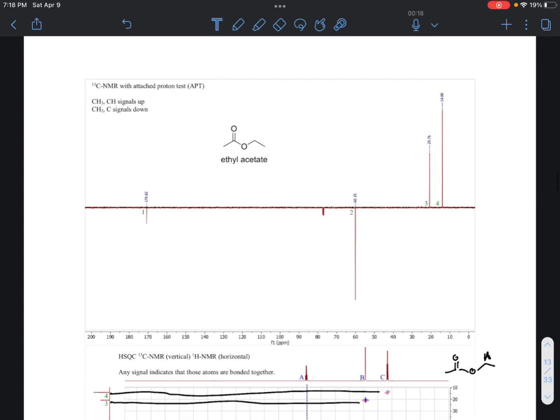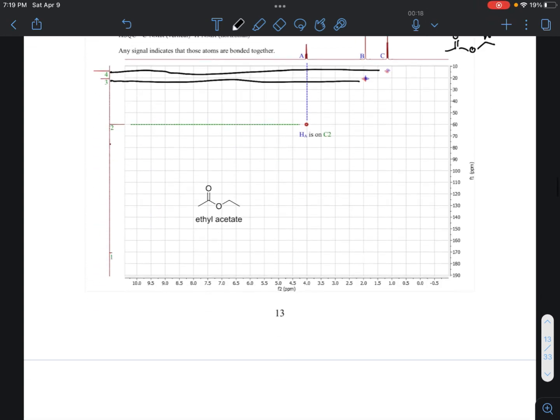These are all CH3s, so that's what these are pointing out. And then CH2s are all down. So we know that this is the CH2 group, and then we know that this is C. So that is another way of us confirming our product, which is the ethyl acetate right here.